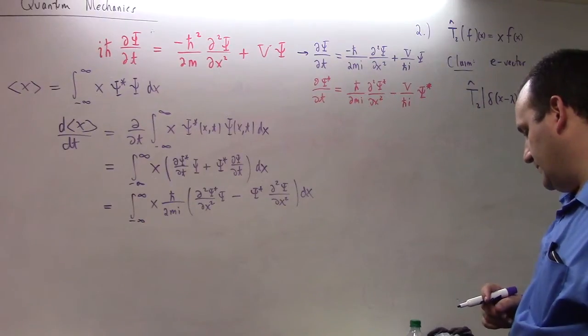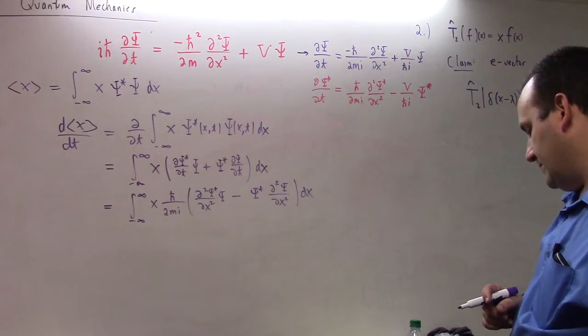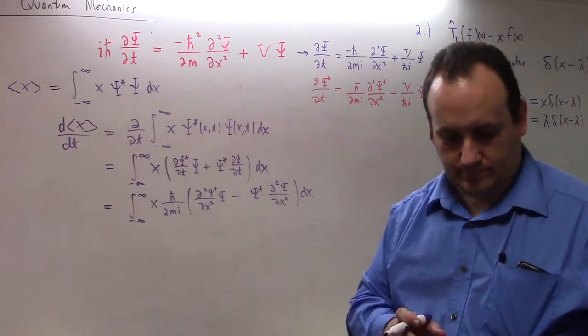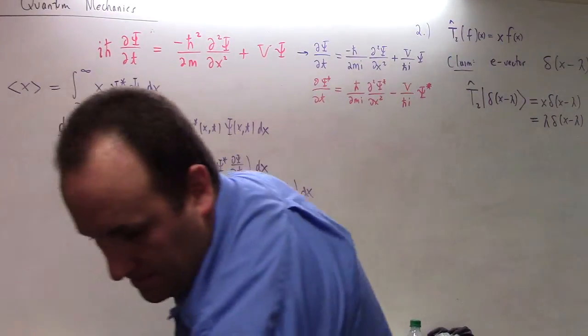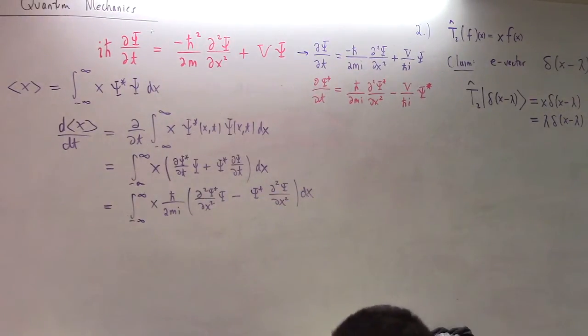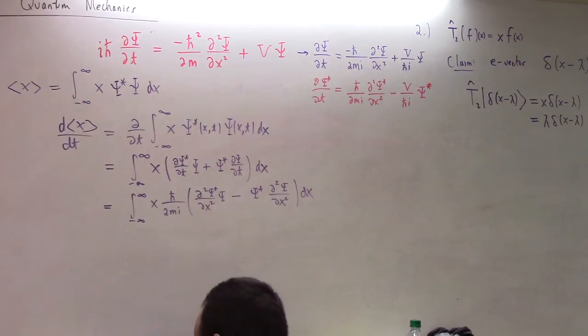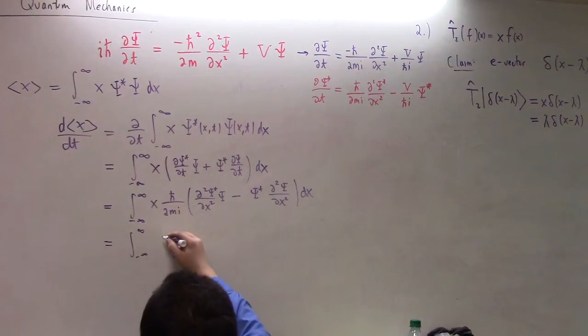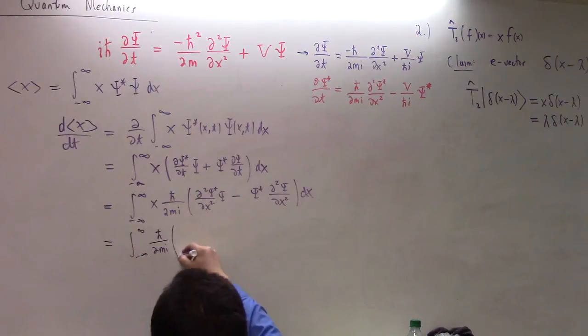And then what do we do? At this point, we do some calculus. So this is the integral from minus infinity to infinity. I got this h bar over 2mi, which we're just going to leave out here, right?